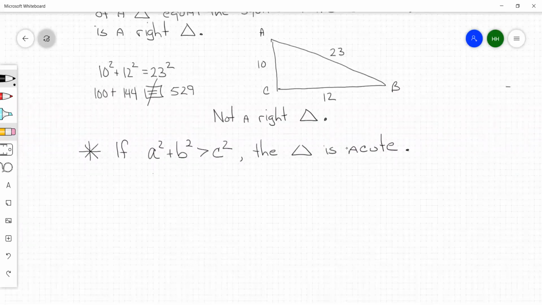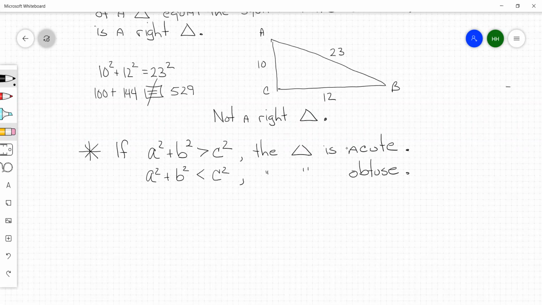If a squared plus b squared is less than c squared, what kind of triangle is it? Obtuse. Good. If a squared plus b squared is less than c squared, then the triangle is obtuse.